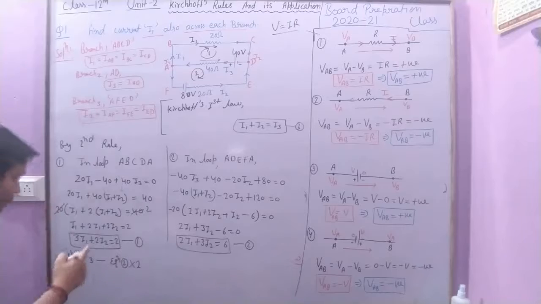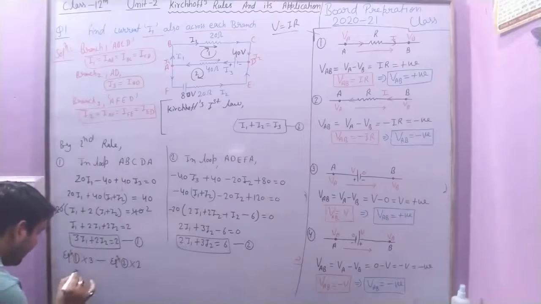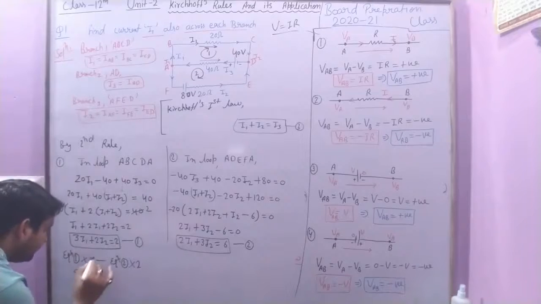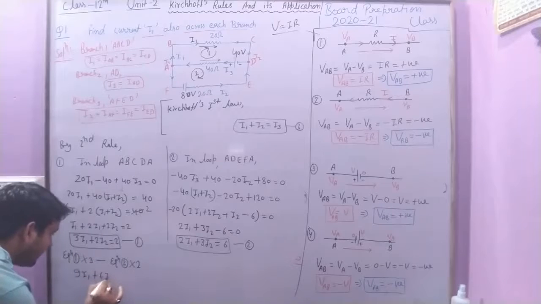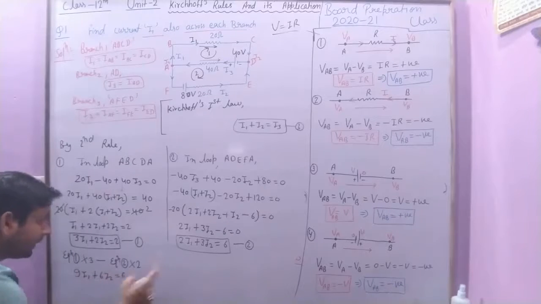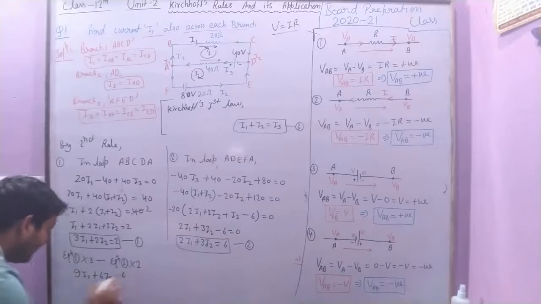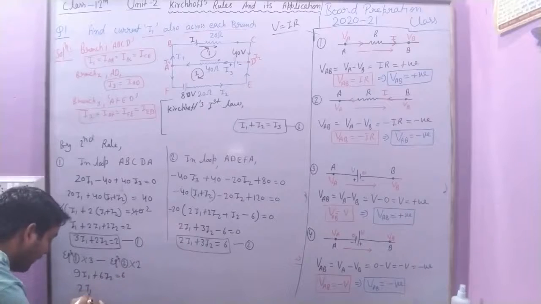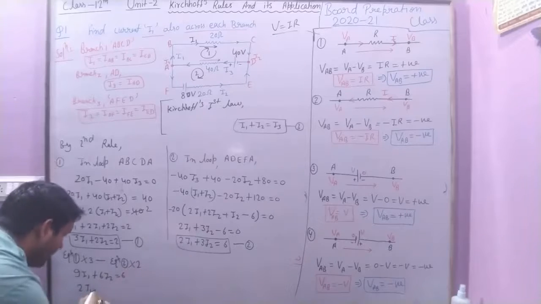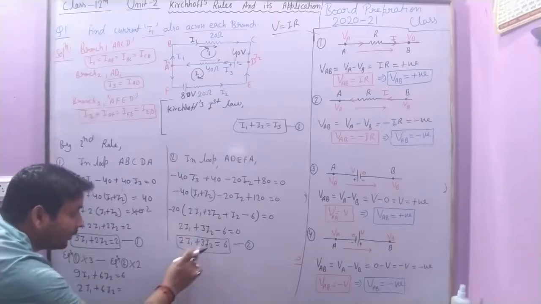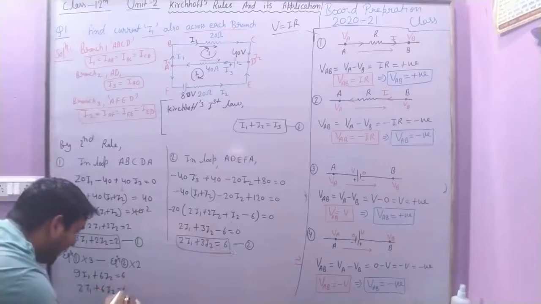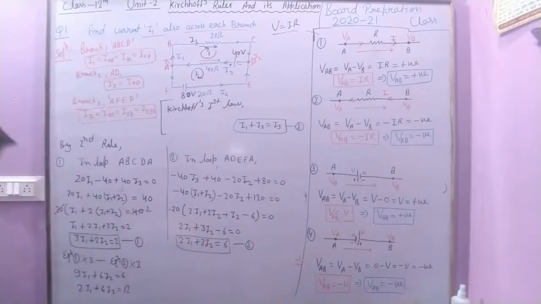Okay, so here you get 9I1 plus 6I2 equal to 6, and when multiplying by 2 in this you get 4I1 plus 6I2 equal to 12.